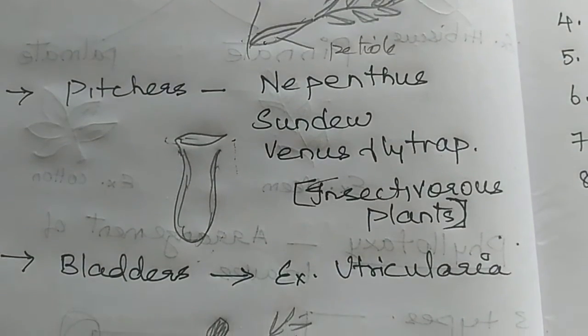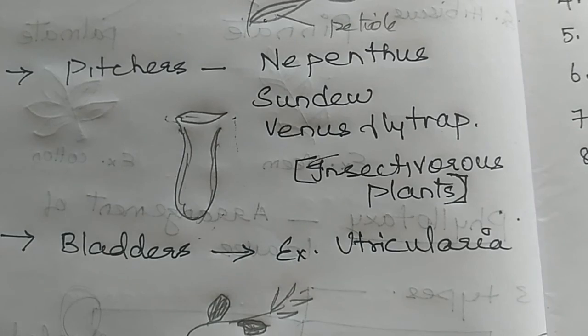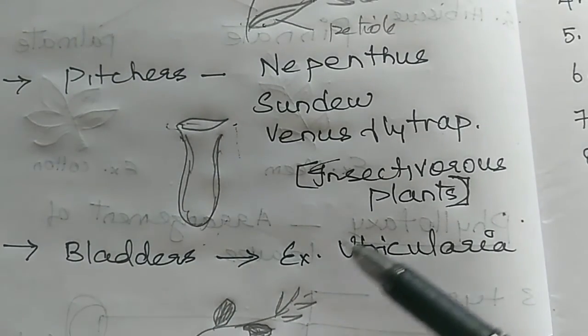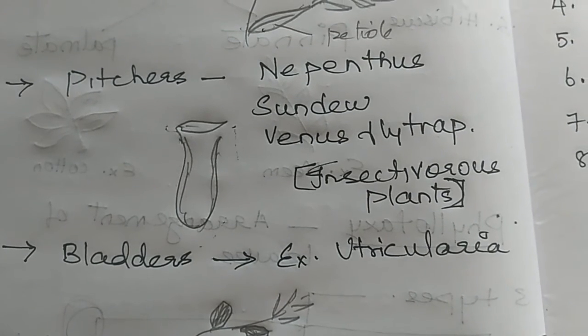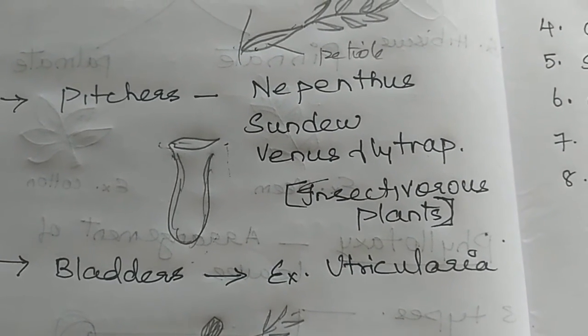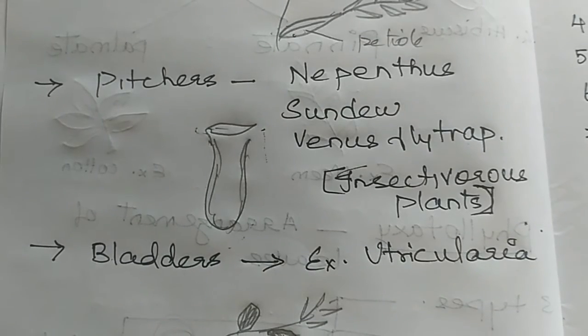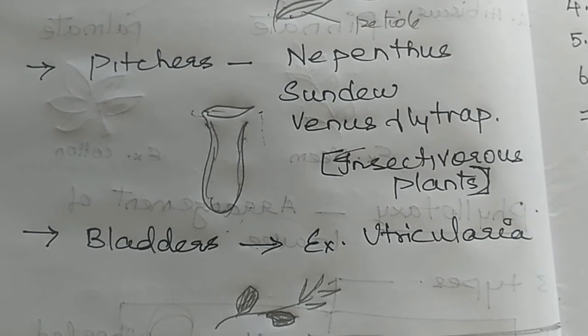When an insect comes and is trapped inside this pitcher, it gets digested and is used for nitrogen supply. And in the next type, bladders. A small bladder-like structure is found in the leaves. Example, Utricularia. So all these are modifications of leaf.